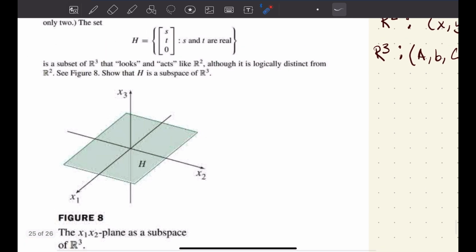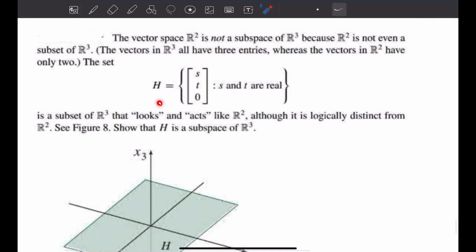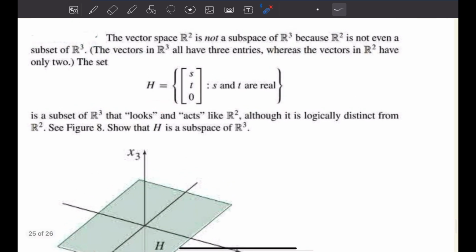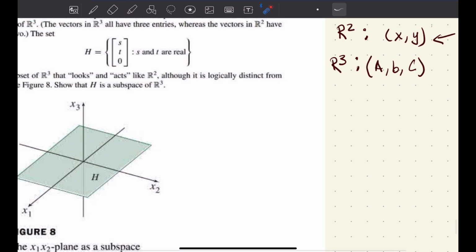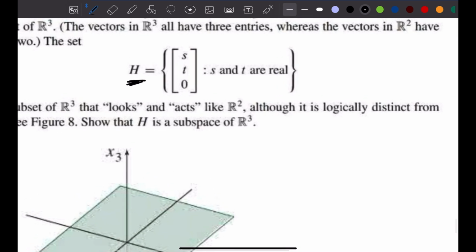Then they give us the set over here. What this set is trying to say is that H consists of vectors in R3. So there are vectors of R3 in H. You have S, you have T, and you have 0.